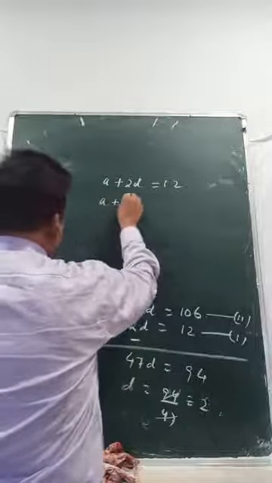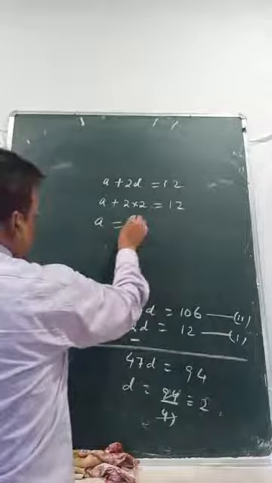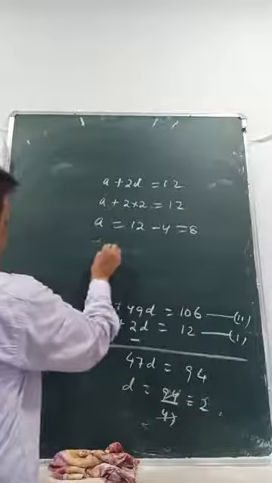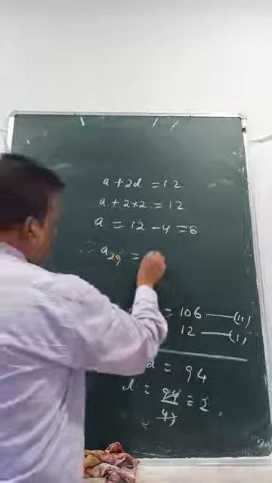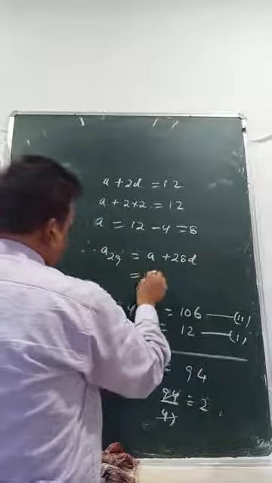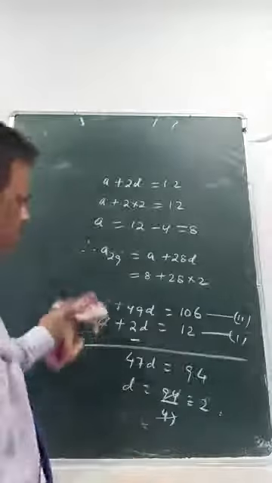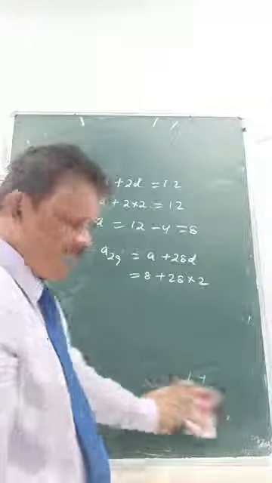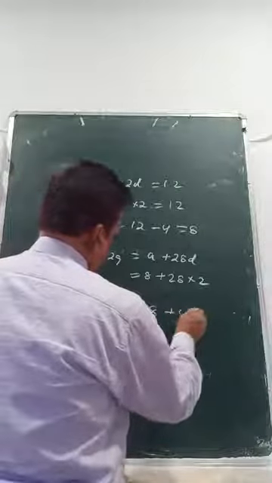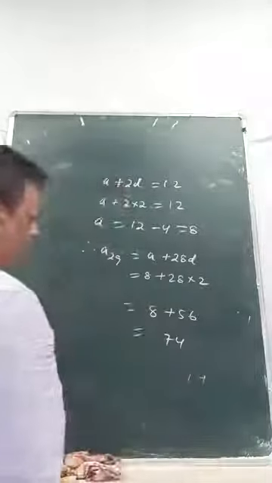A plus 2 into 2 equals 12. A equals 12 minus 4, that is 8. Therefore A29 is A plus 28D. A is 8 plus 28 into 2. Simple questions, not difficult. 8 plus 56, that is 64.